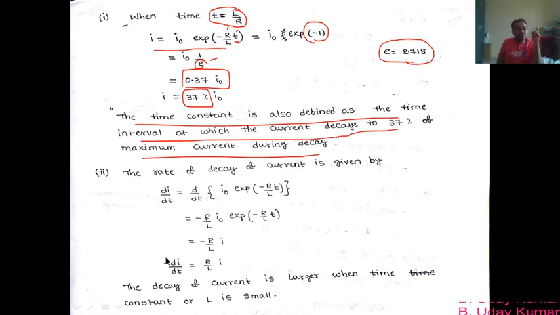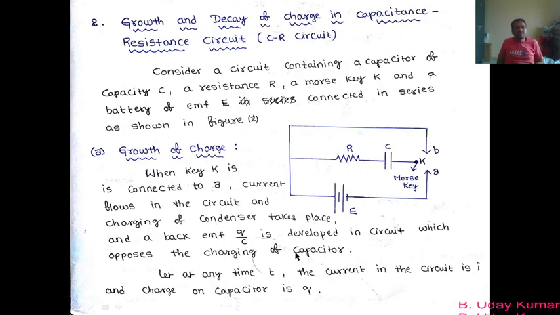In the case of growth of current, we just took dI by dt, not minus. In growth, current will be increasing and hence dI by dt will be positive. But here, in the case of decay, dI by dt will be negative, and hence to represent the decay of current, we have taken this minus here. That's it. So this is the decay of current.